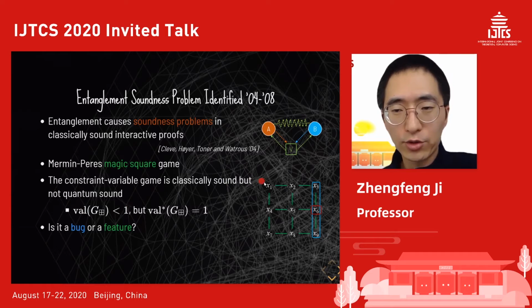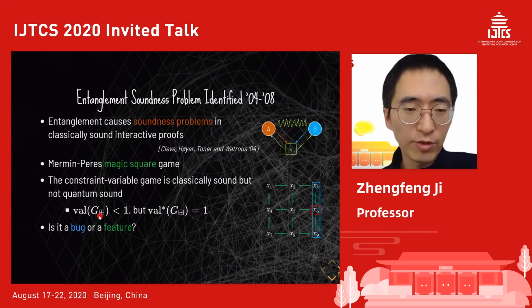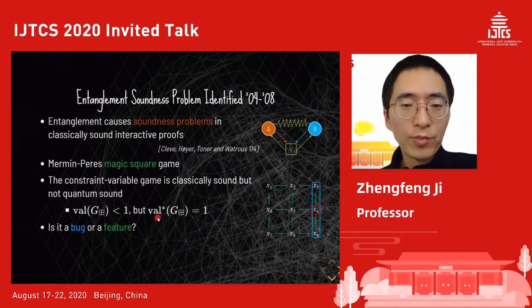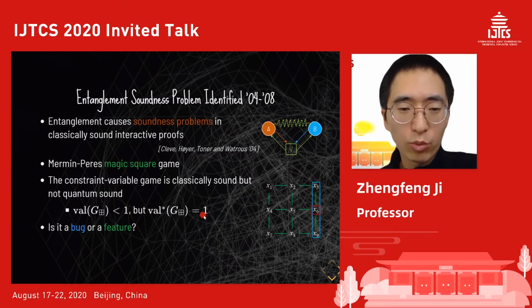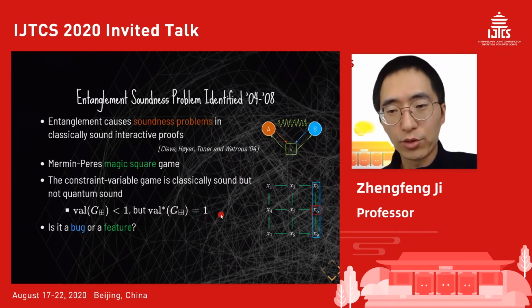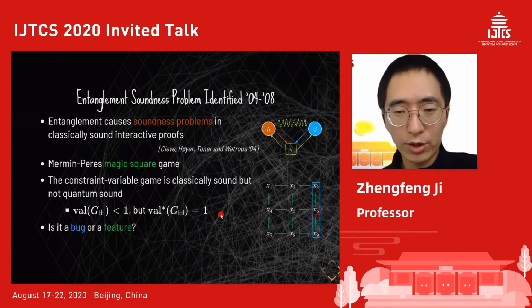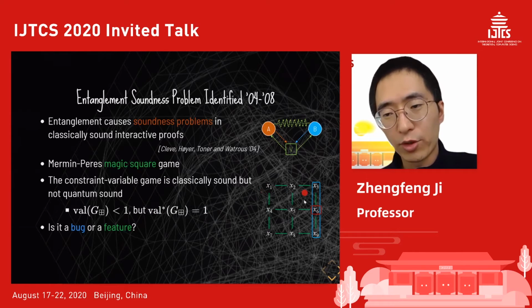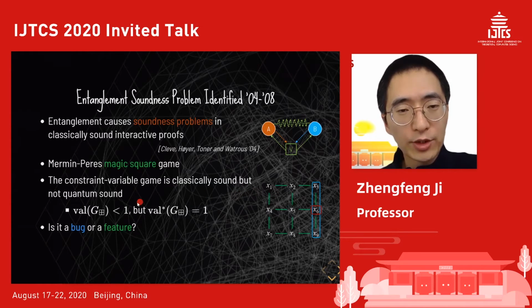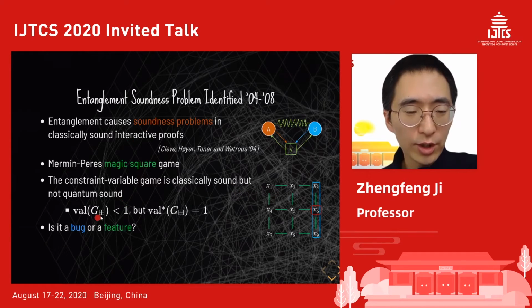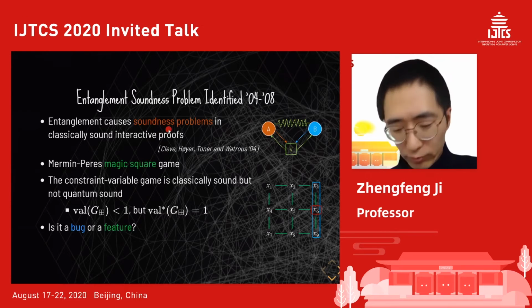This system is not satisfiable; it has no satisfying assignment, so the value cannot be 1. But unfortunately, the quantum value of the game is 1. There's a very simple strategy using 2 EPR pairs and parity measurements. So in some sense, the game defined by the system of constraints is sound classically, but it's not sound quantumly, and that's what we call the soundness problem.